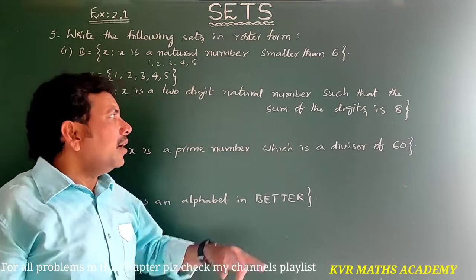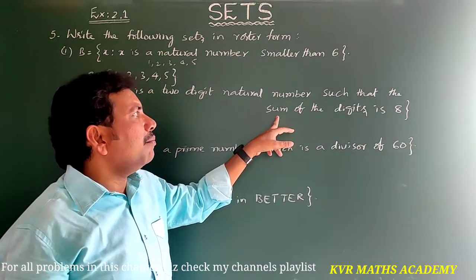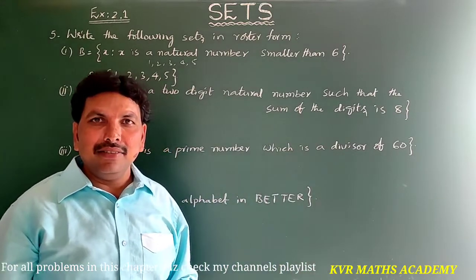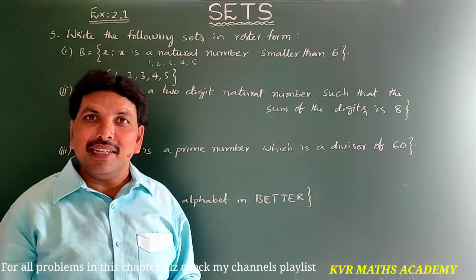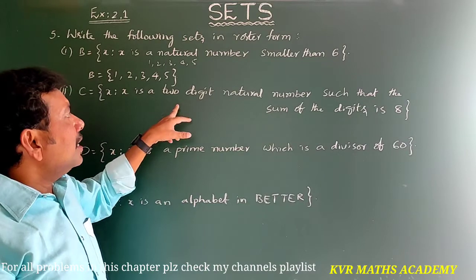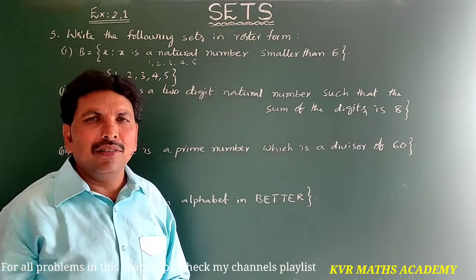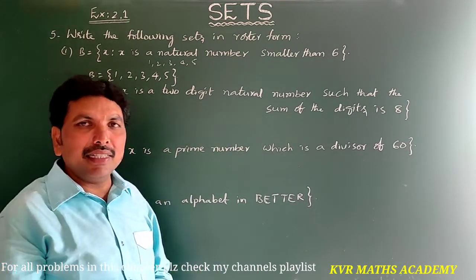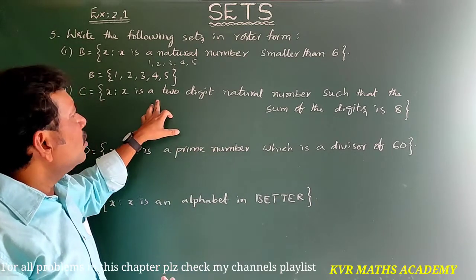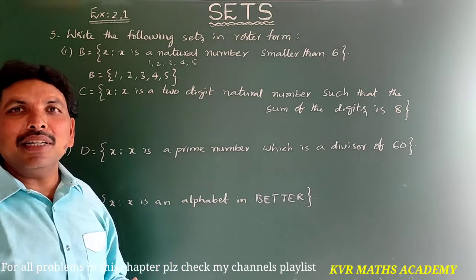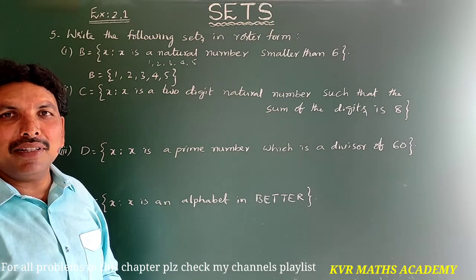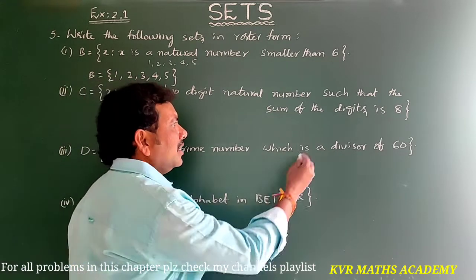Next, C is equal to {x : x is a 2-digit natural number such that the sum of the digits is 8}. It is a natural number, the sum of the digits is 8, and also it should be a 2-digit number. So what are those numbers? Can you say? Yes.